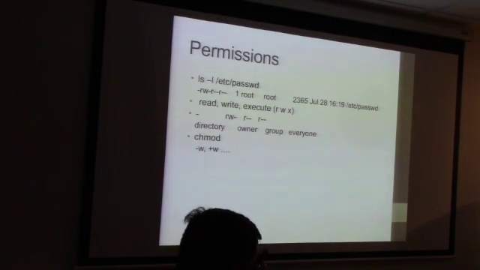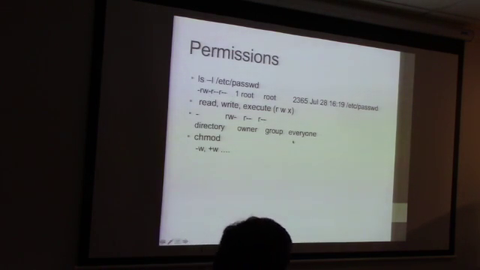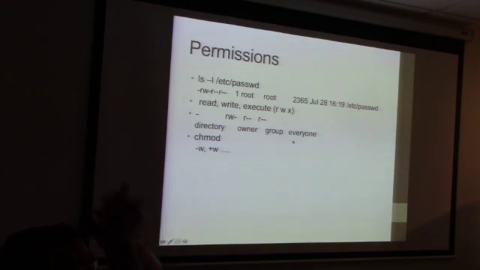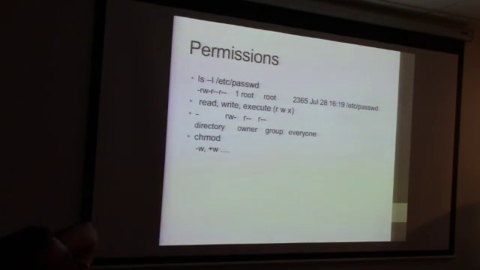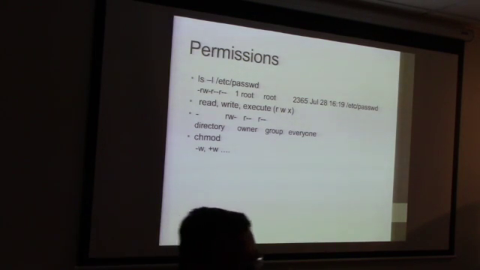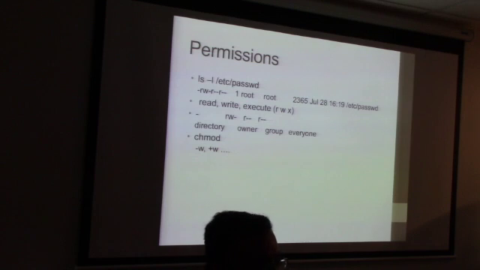Okay, so here's a couple of things about permissions, and I'm not going to teach you to change permissions yet, but I'm just going to give you a brief preview of what permissions are and why they are important. So in Unix, every file has certain permissions for what operations can be performed on it by whom.